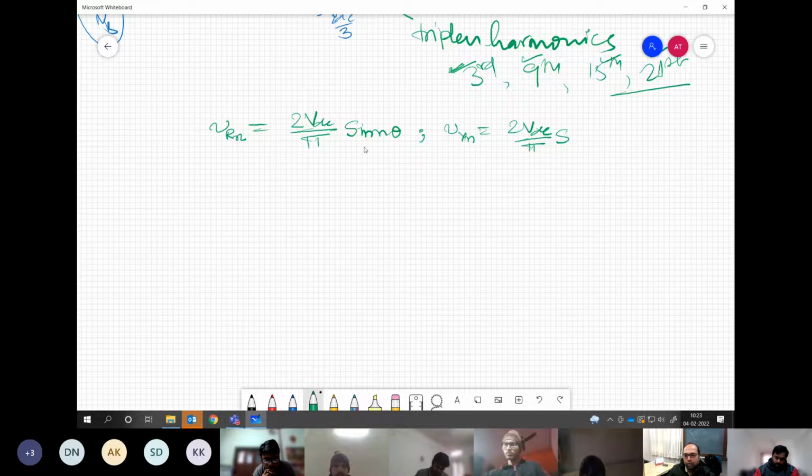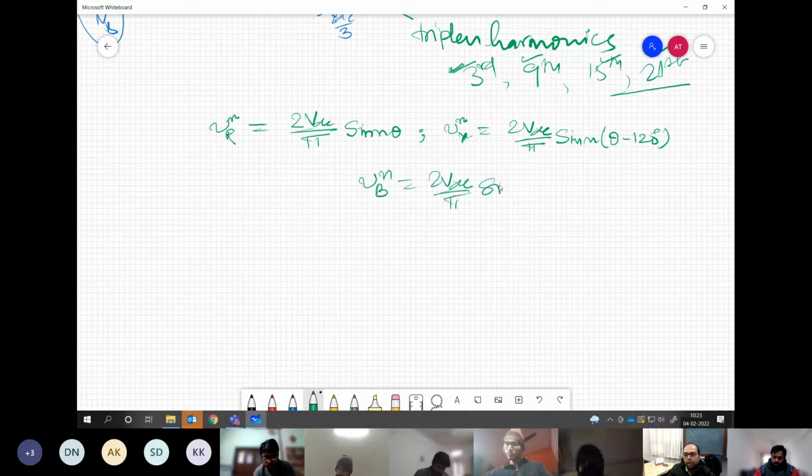Please note this is the nth harmonic component I am talking about, so this will be n times theta minus 120 degree. This is the balanced three-phase system we are talking about. Then VBN would be 2 VDC by pi times sine n theta plus 120 degree.